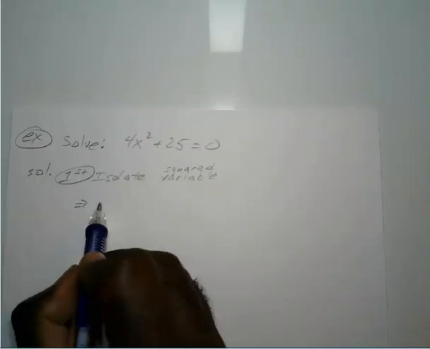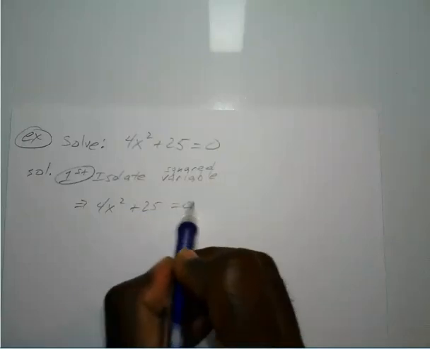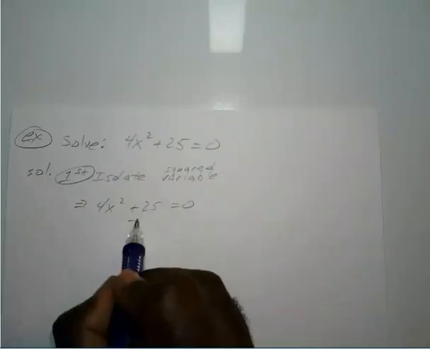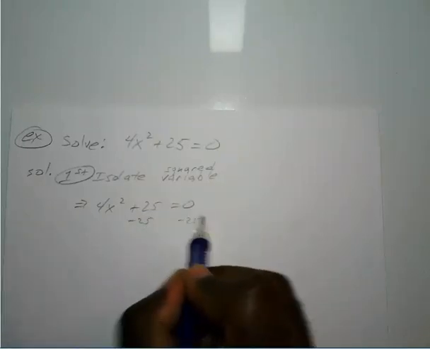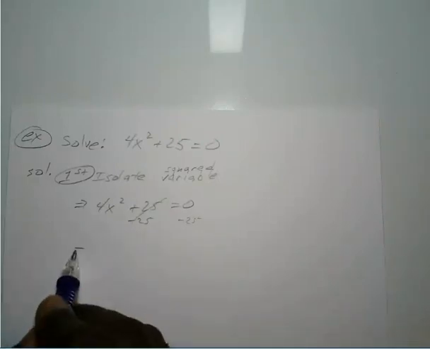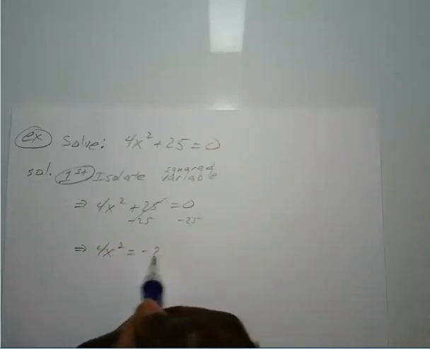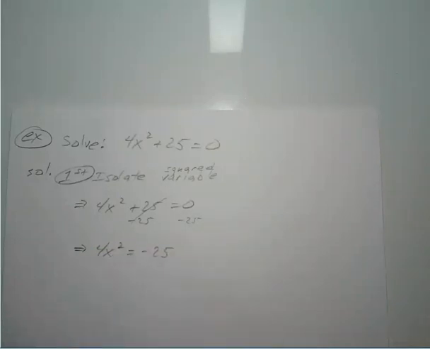So since we have 4x squared plus 25 equals 0, we're just going to subtract 25 from both sides, which would give us 4x squared equals negative 25.